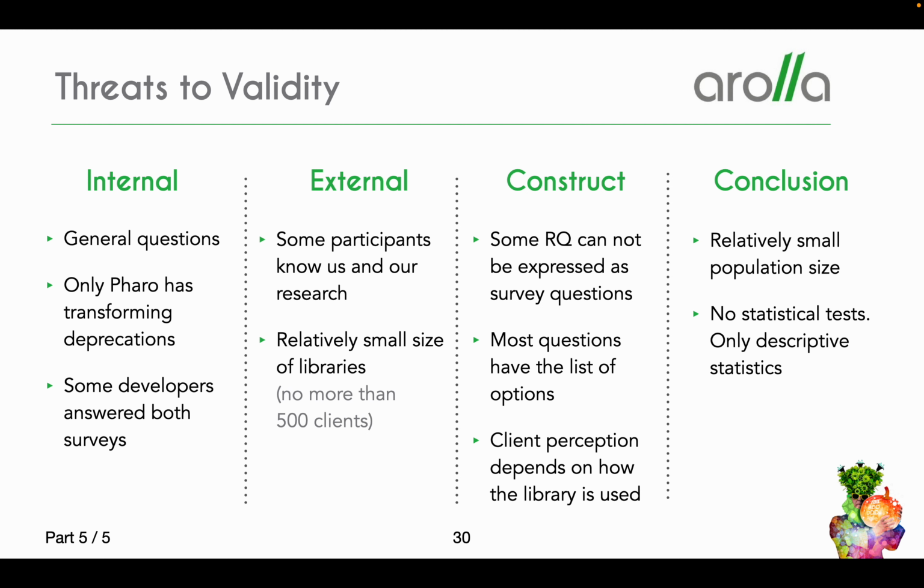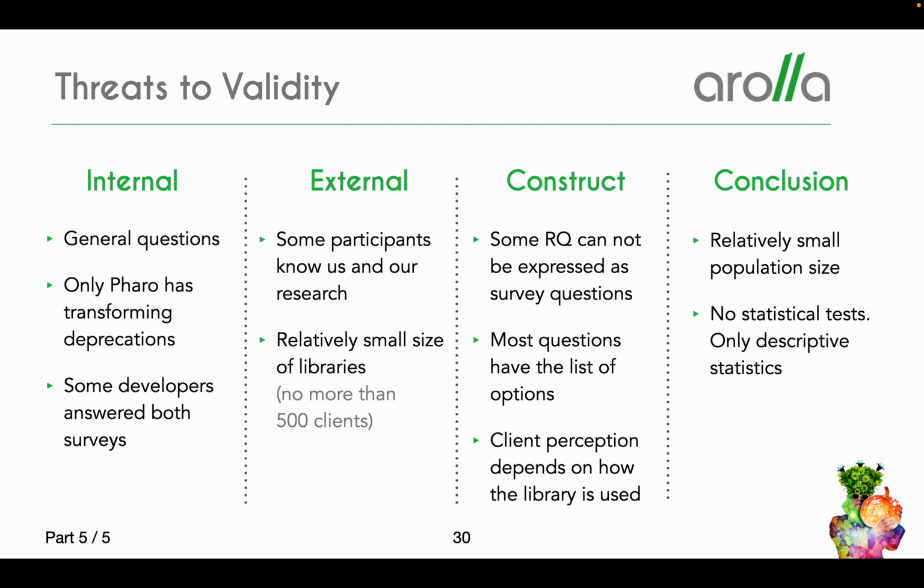This is a powerful technique that helps developers to update their libraries, which means that Pharo developers could be biased by this technique. Then some developers could answer both surveys. Because surveys were anonymous, certain developers could answer both library and client developer survey. We do not know this because it was completely anonymous and completely free. However, this could also affect the results.